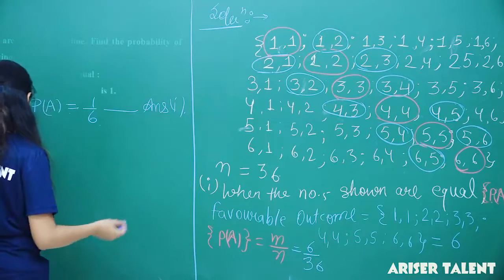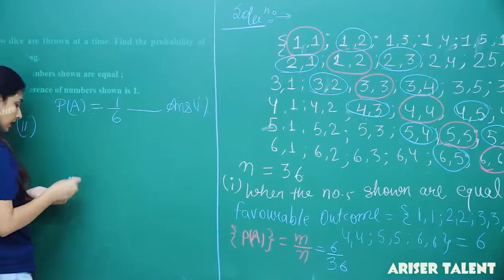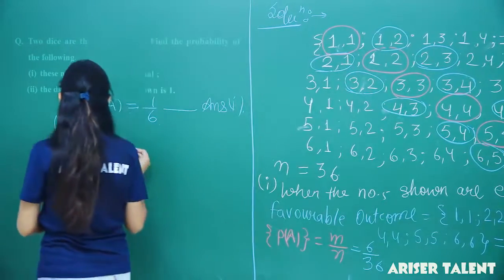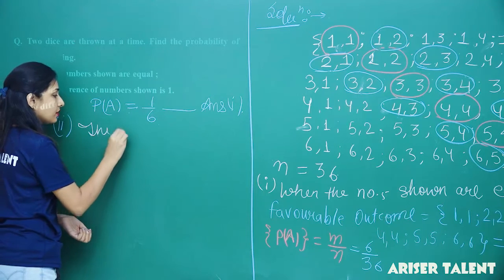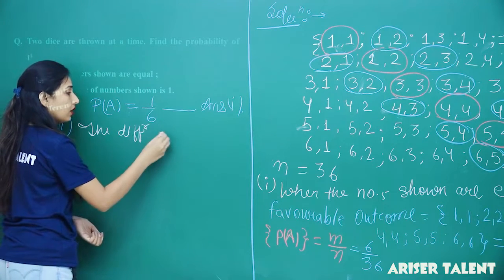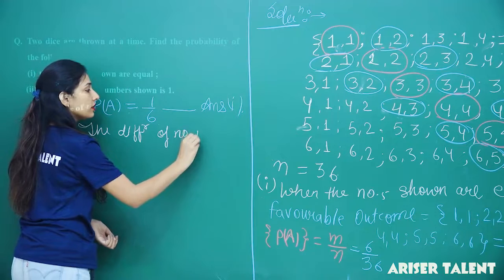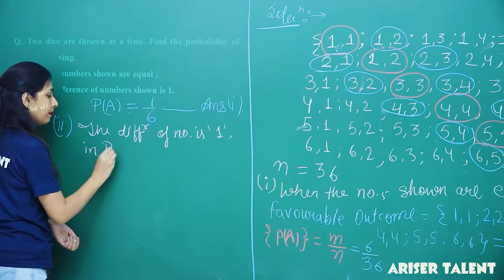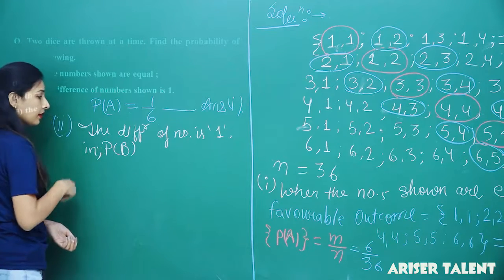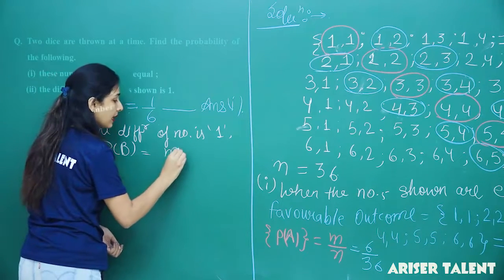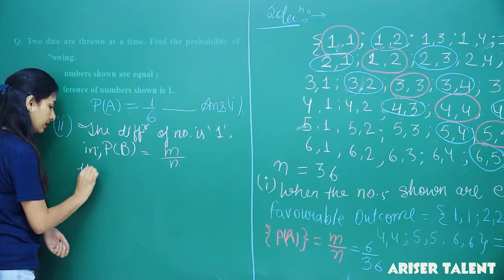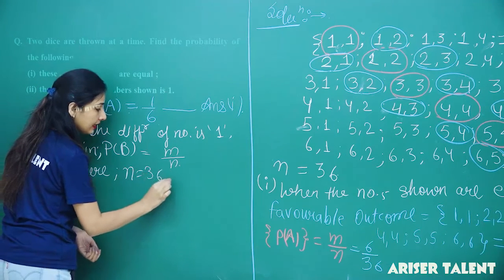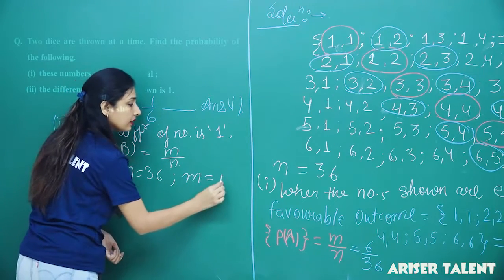Okay. So in the second one, where I can write the difference of numbers is 1, let's suppose PB equals M by N. Here N equals 36 and M equals 10.